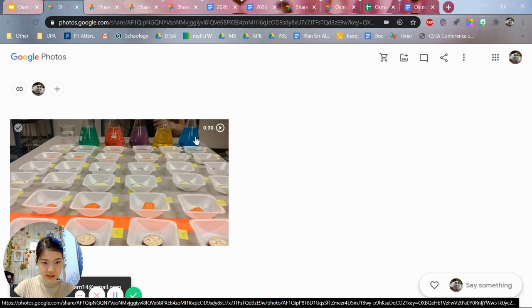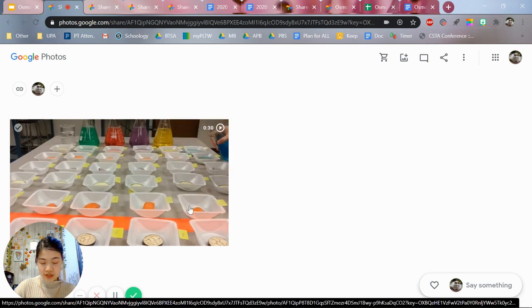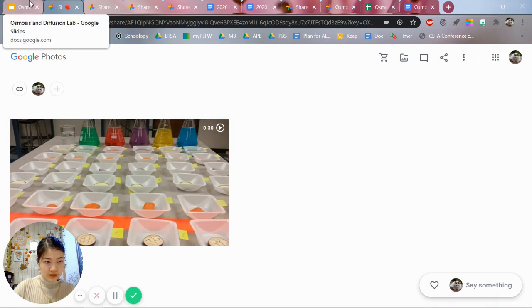And then the third video is me basically mixing first all the solutions and then pouring all of the colored solutions across. I told students to only focus on one vegetable. You can have them focus on two. The setup looked like this because it was easier for me to go down the rows and fill the weigh boats with liquid.